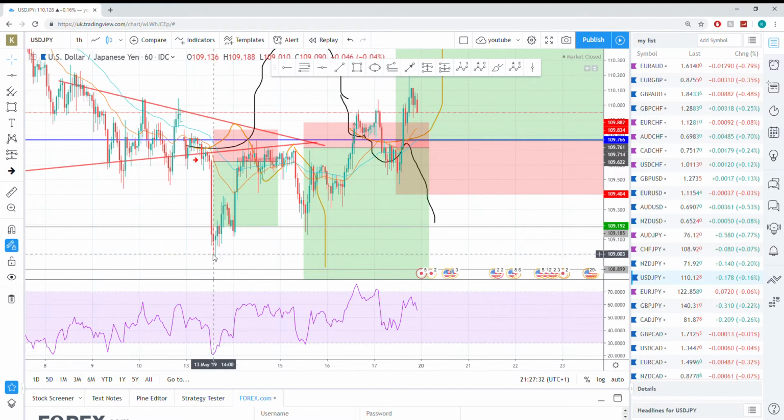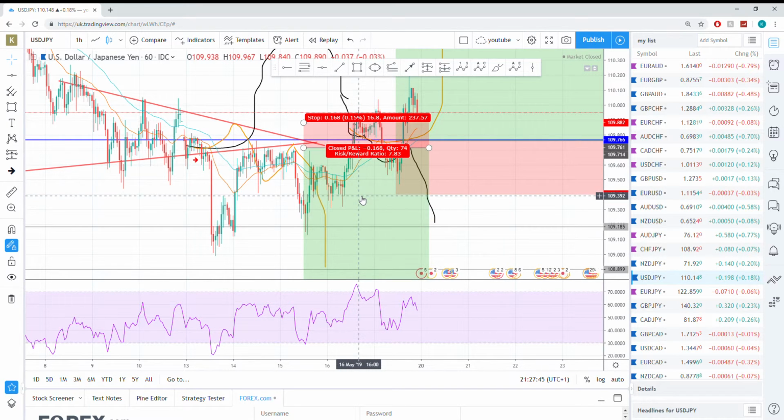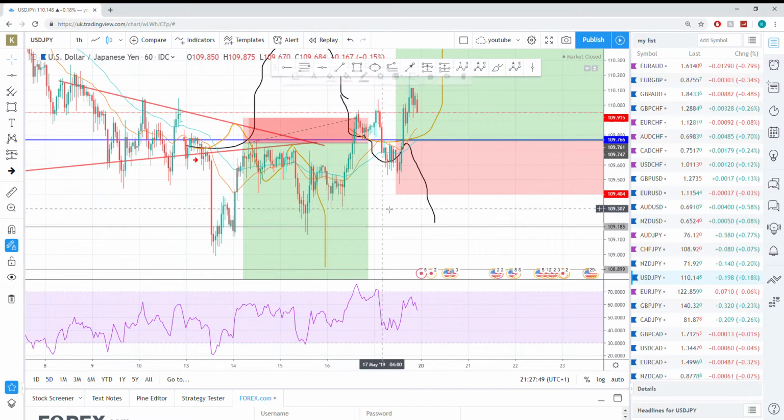Key confirmation for us that price is going the opposite way now is because we can see price overextended on the hourly. Okay, so that would have been the opportunity to make some money on this pair.